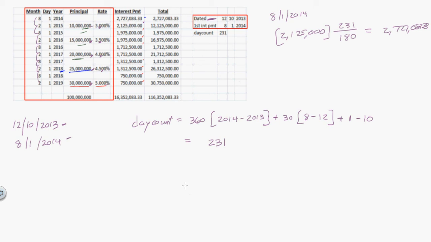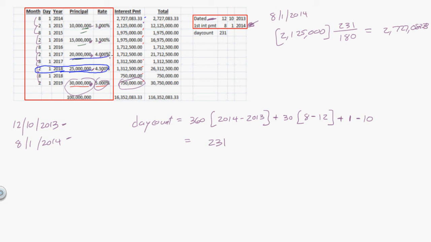I tried to do this in one take because I'm in a hurry, so hopefully this makes sense. But basically, to sum up, for the muni bonds I take each one of these bonds and I see when they pay interest and what interest they pay. So the 30 million times 5% divided by 2 is 750,000. I pay that 750 every August and February 1st, beginning August 1st, 2014, with the one exception of the first interest payment where we do something different. This bond that matures in 2018, I pay interest every August and February 1st, beginning in 2014 and ending when it matures February 2018, and that interest payment is 25 million times 4.5 divided by 2.